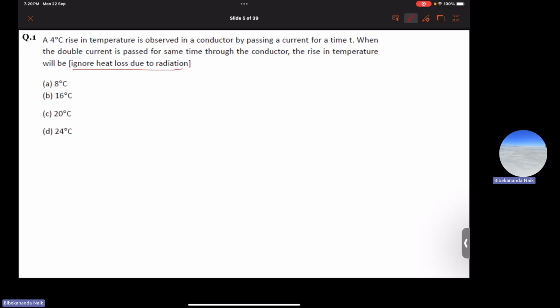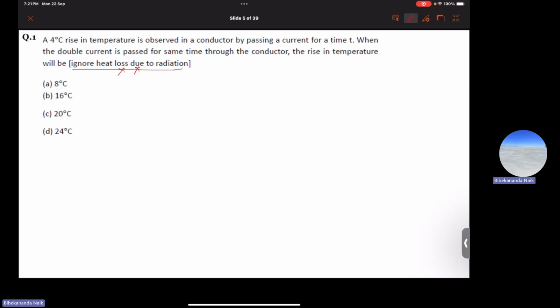So we won't consider heat loss; the amount of heat produced in the conductor by passing current is completely absorbed by the sensing device which is sensing the rise in temperature, so there is no loss of heat.